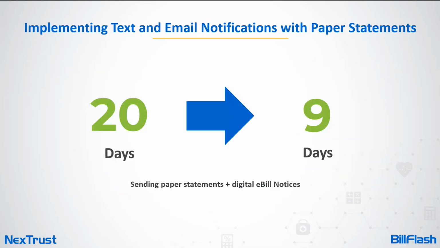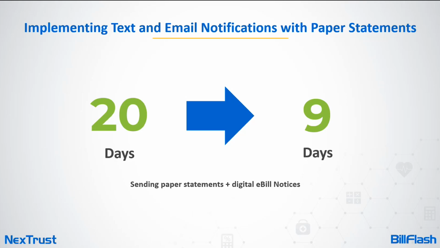If you want to unlock the secret to faster patient payments to improve your revenue cycle, the key is fortifying your mailed statements with electronic billing that instantly lets your patients know that their bill is available to view and pay. In fact, industry data reflects sending electronic statements in addition to paper typically cuts the average days to payment from 20 to 9 and boosts the percentage of full payments rendered from 77% to 95%.